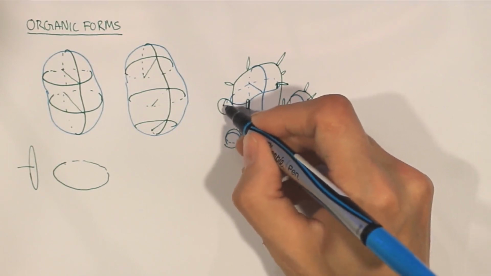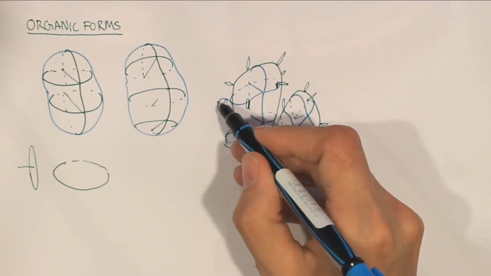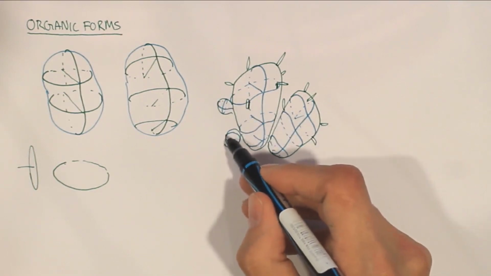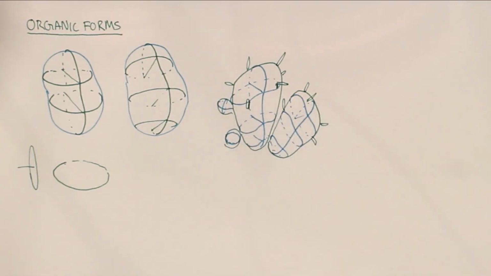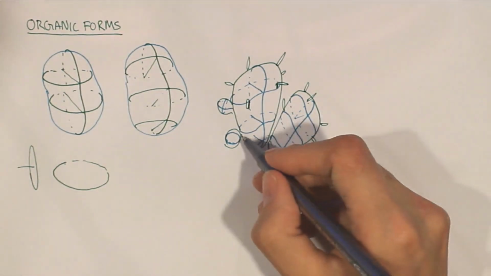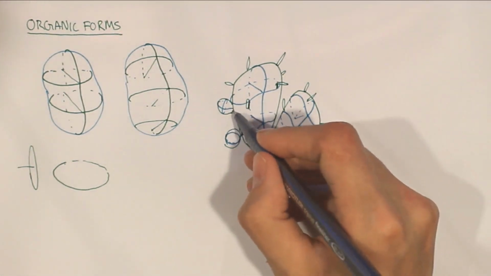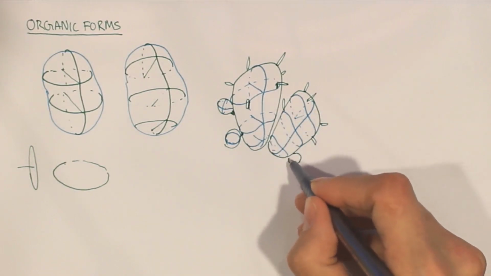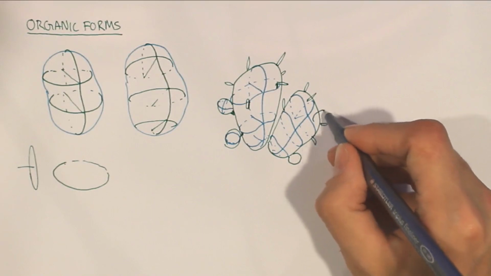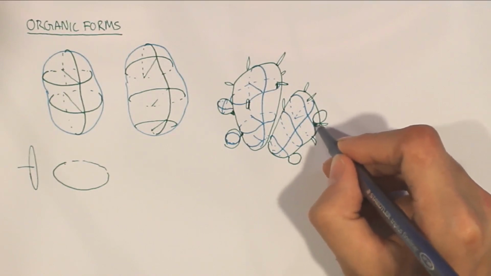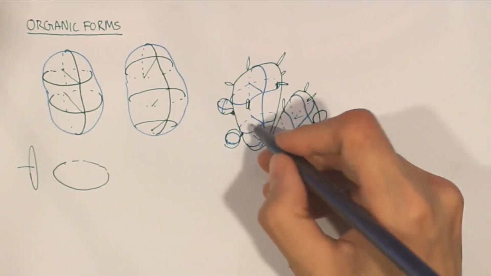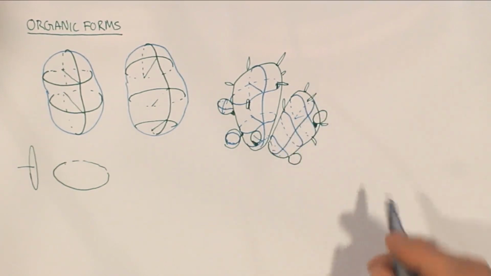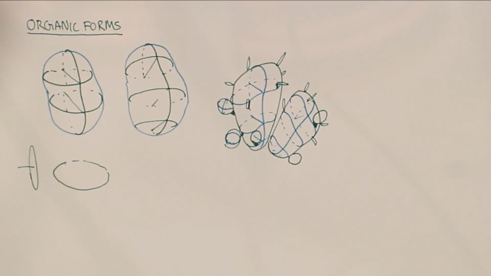This one's kind of facing away from us a little bit. It's all about just creating these perpendicular cross sections. Adding in those cast shadows really helps sell that volume too.